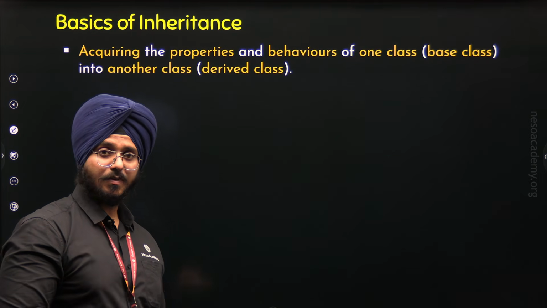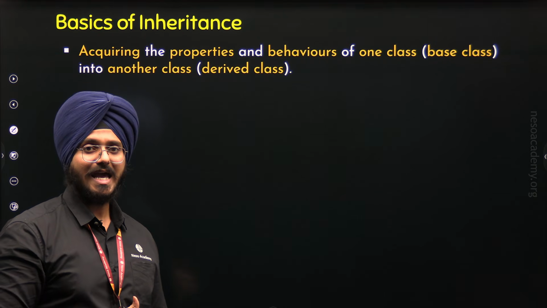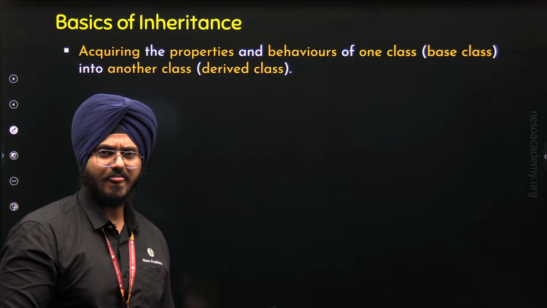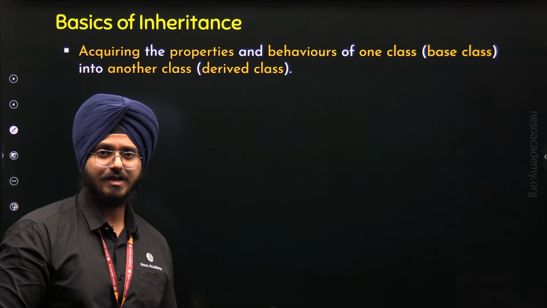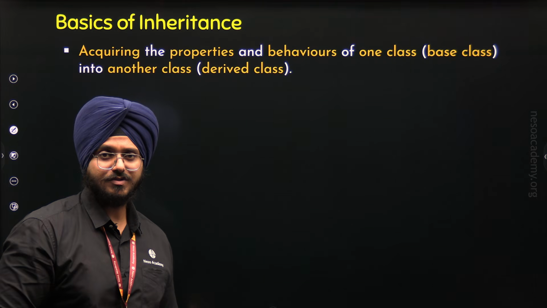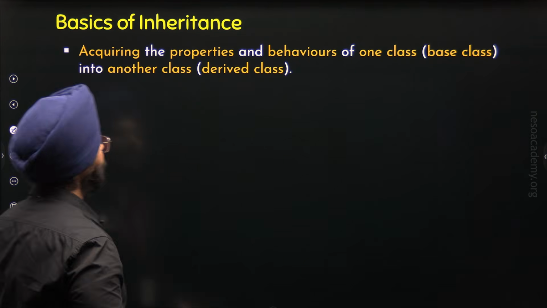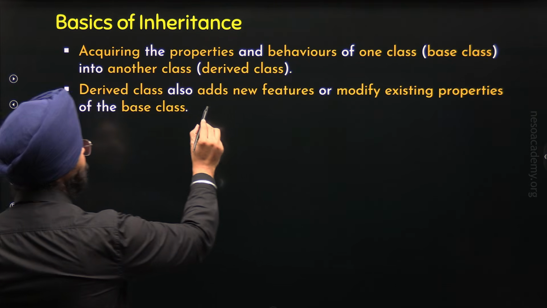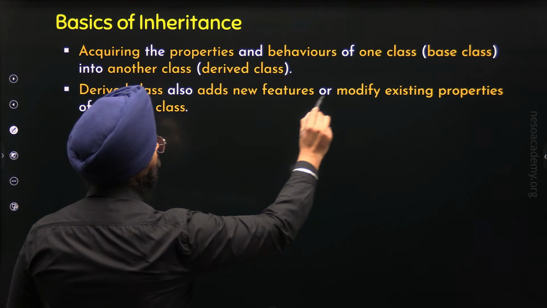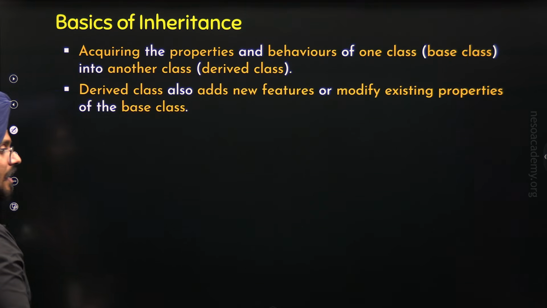So in C++, inheritance is when derived class access properties that we also call data members and behaviors that we also call member functions from base class. And derived class also adds new features or modify existing properties of the base class.